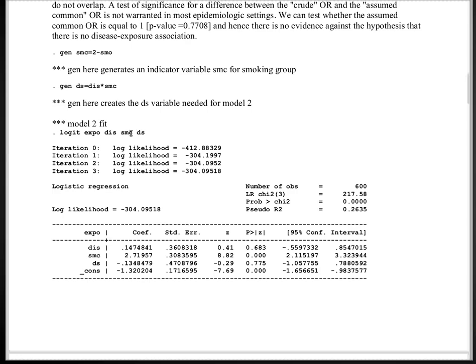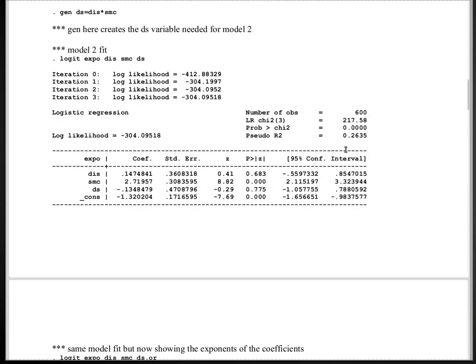And we then have the smoking indicator and D times S. This is just like before. Okay. And what do we get? We get things that are very familiar with what we've seen before. Okay. What have we got?